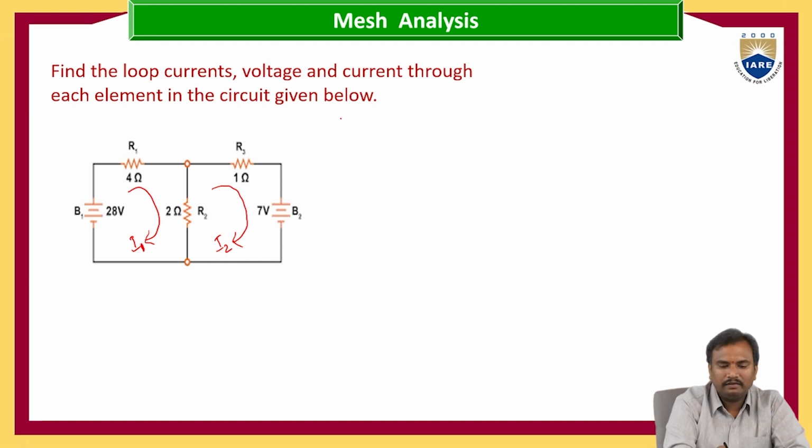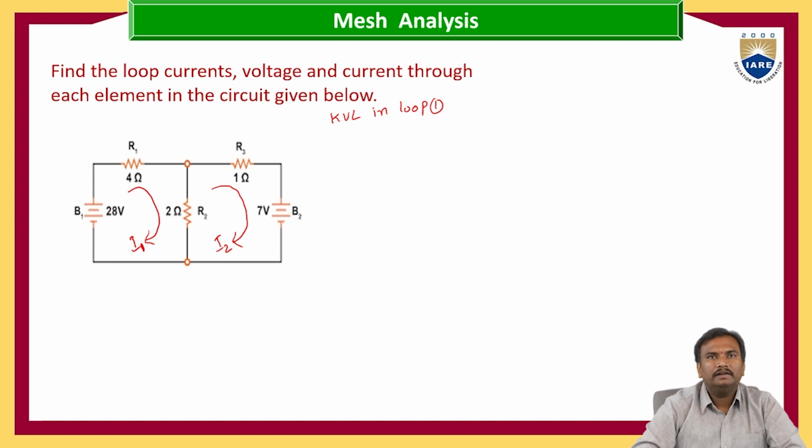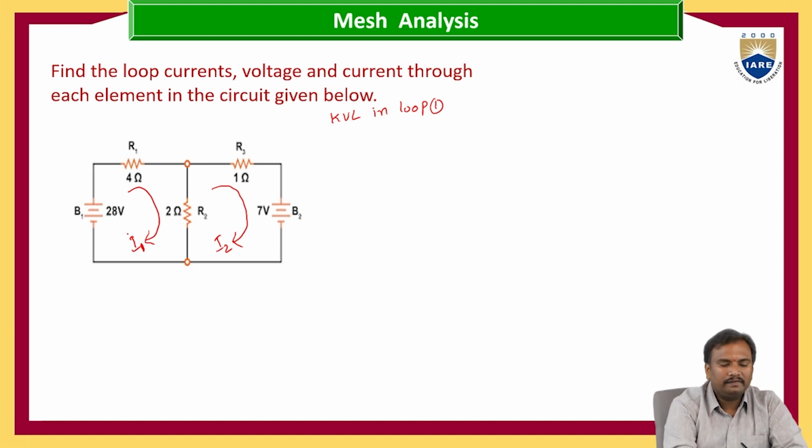Now let us write the KVL in loop 1. Current is entering here, this is positive and this is negative.